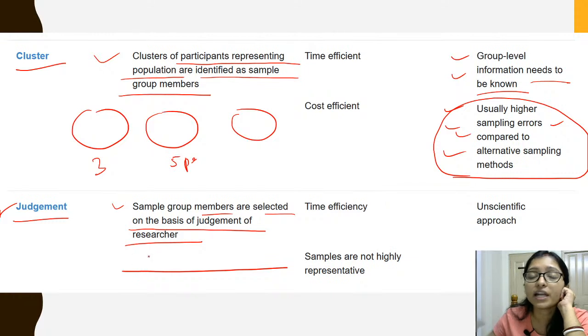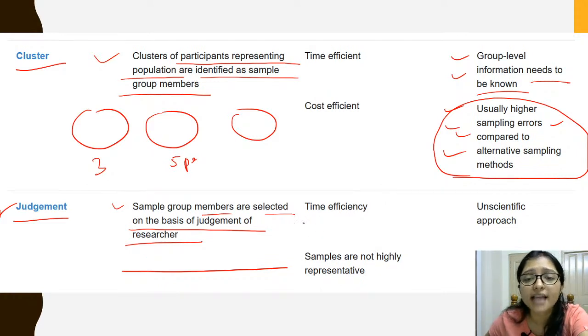Maybe when you are going for the test for coronavirus, if some person has cold and cough, then you are selecting that person to test because he has some symptom. That is your judgment. I will choose only that person who has symptoms of cold and cough. That is the judgmental sample.